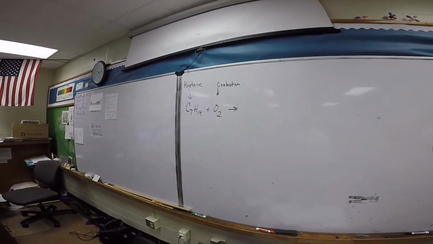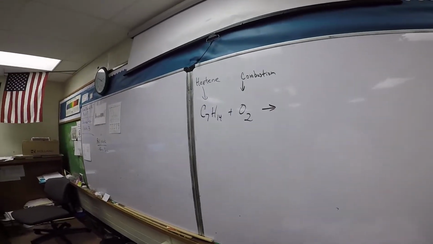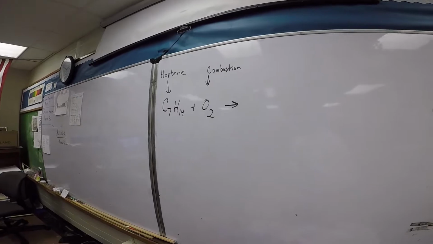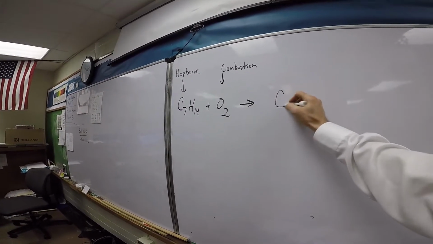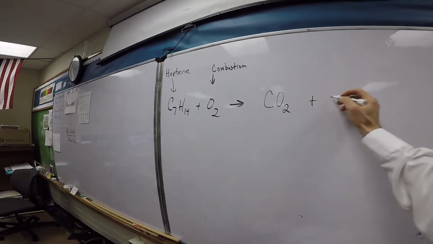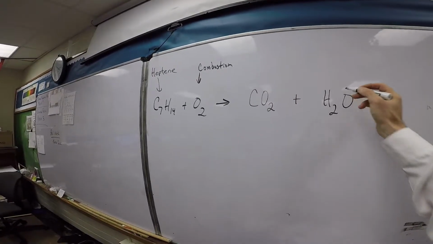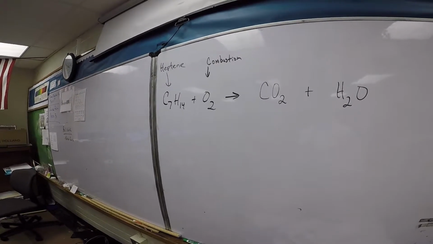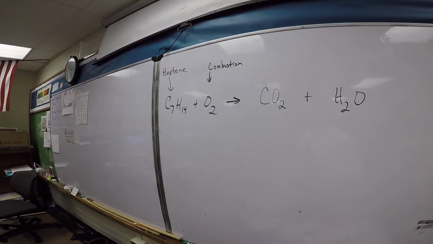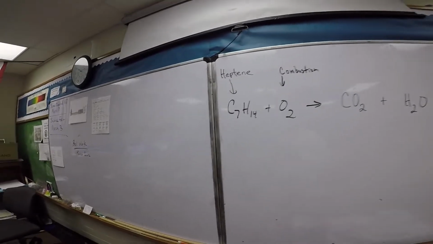It's going to react with some oxygen to produce what? Chris, what are you going to produce when you react carbon with oxygen? Carbon dioxide and water. Kind of what you do. You eat food like a sugar, glucose, C6H12O6. Kind of similar here.